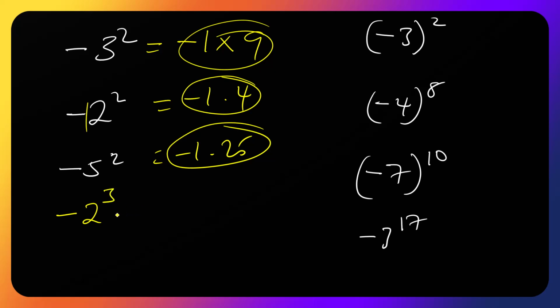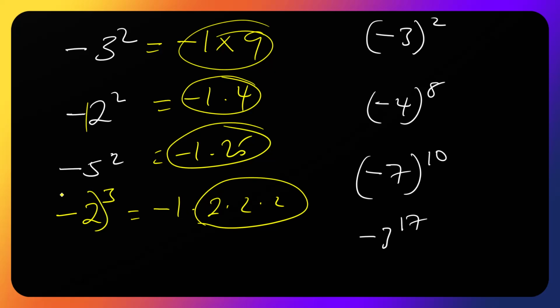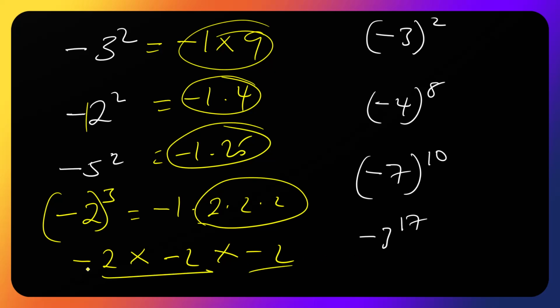If there's no bracket, this doesn't affect anything because I'll just take minus 1 out. So 2 times 2 times 2 will be 8, so minus 8. But the moment I put a bracket here, this will be minus 2 times minus 2 times minus 2. So this side will be plus, then we get minus 8.